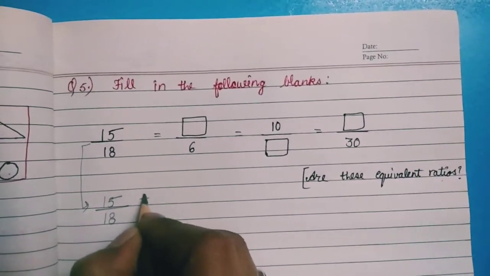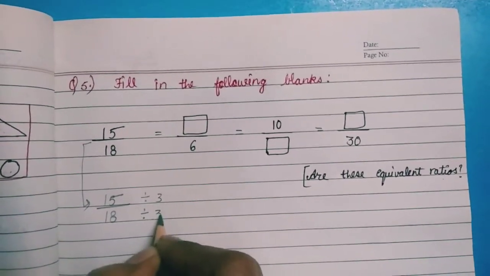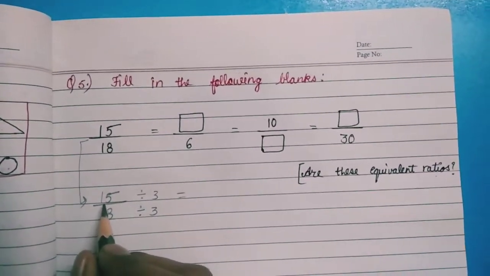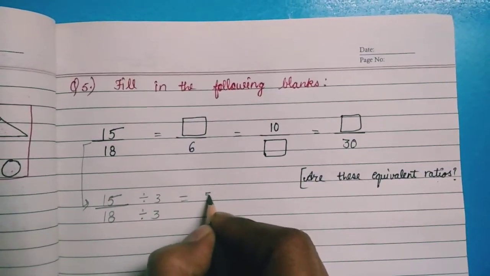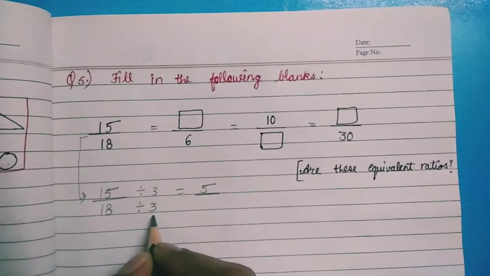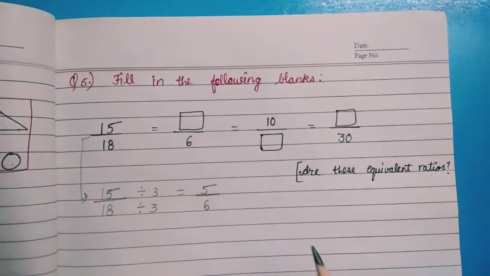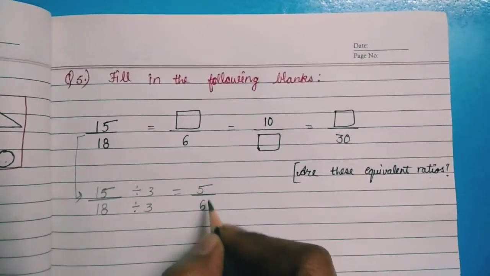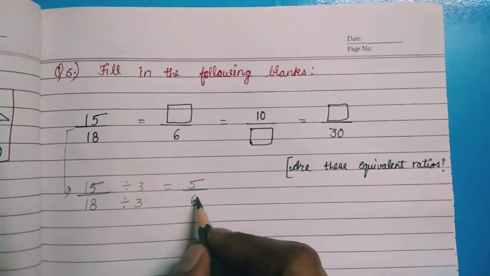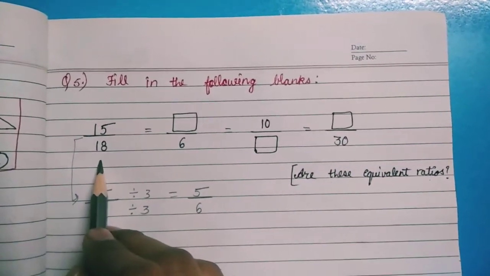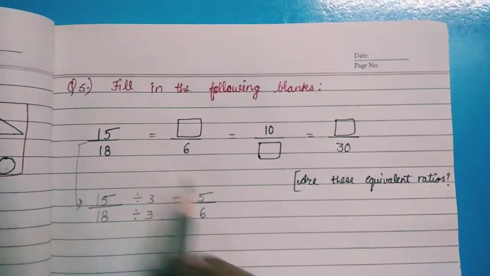They both are in the table of 3, so we are dividing them by 3. When 15 is divided by 3, it gives us 5, and when 18 is divided by 3, it gives us 6. So 5 by 6 is the simplest form of the first one.